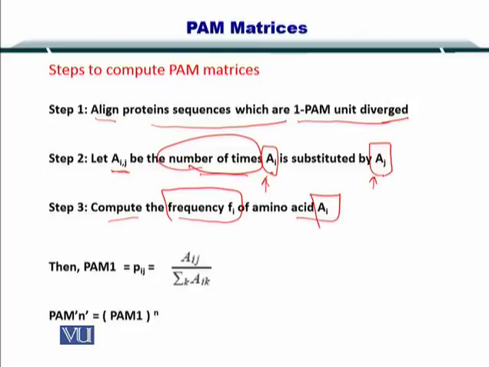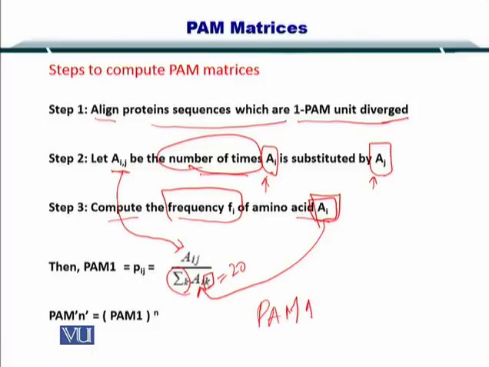You simply plug these values here. Here K is equal to 20, so there are 20 amino acids. You sum the product of frequencies for these and you obtain PAM1.